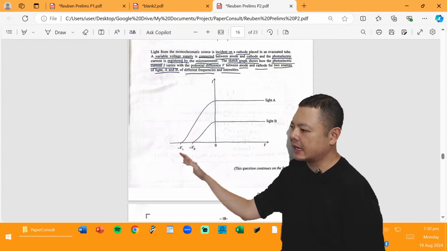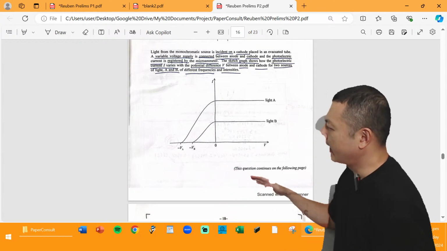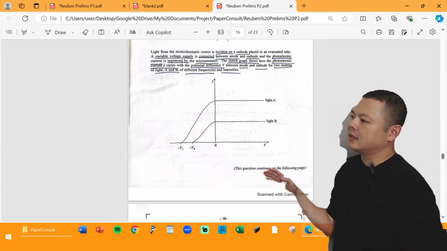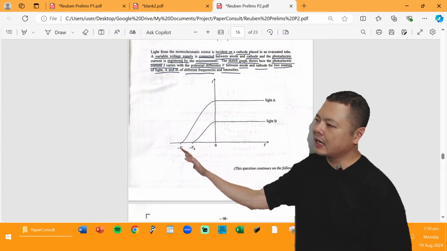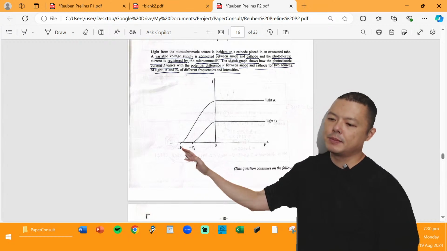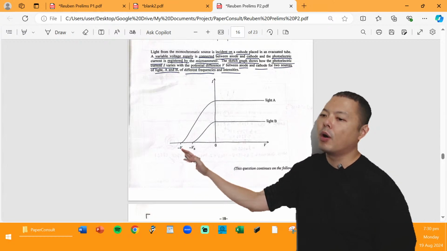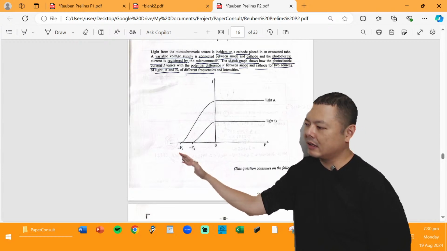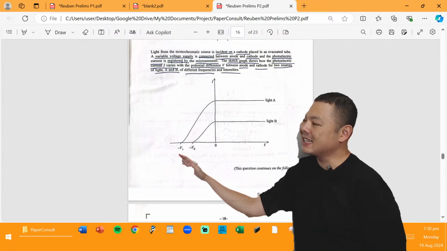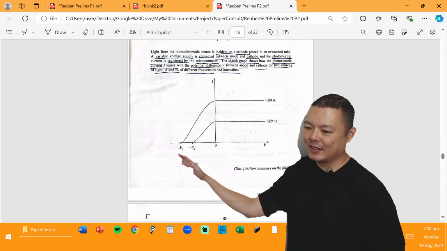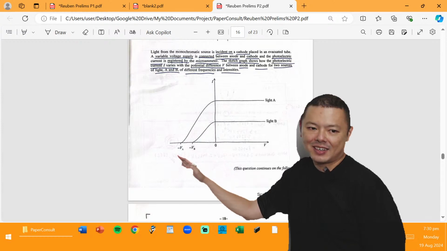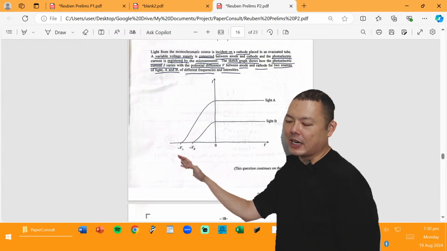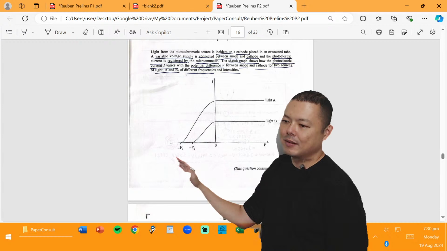You have to explain that since it has a higher stopping potential, what does it mean? It means that it was more difficult, or it requires more effort to stop the photoelectrons, right? Which means that the photoelectrons have more KE, right?